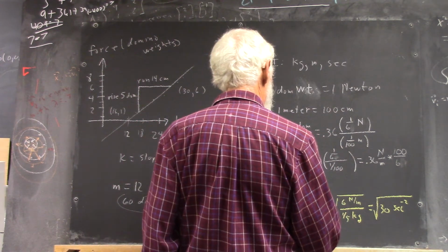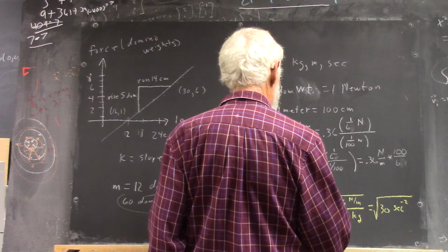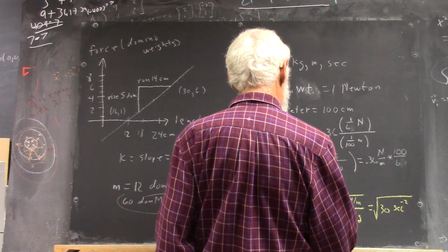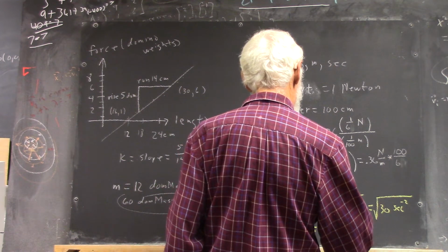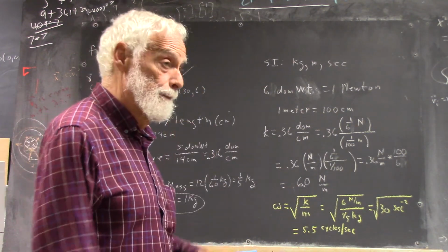And the square root of 30 is about 5.5. And that's in cycles per second.